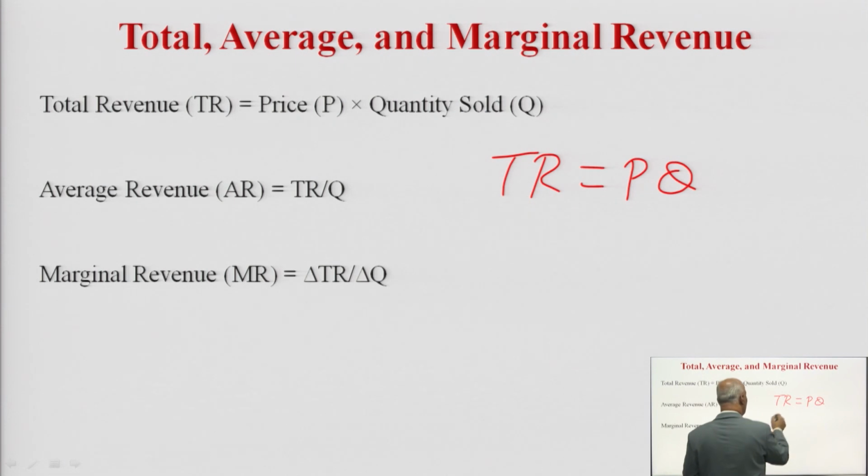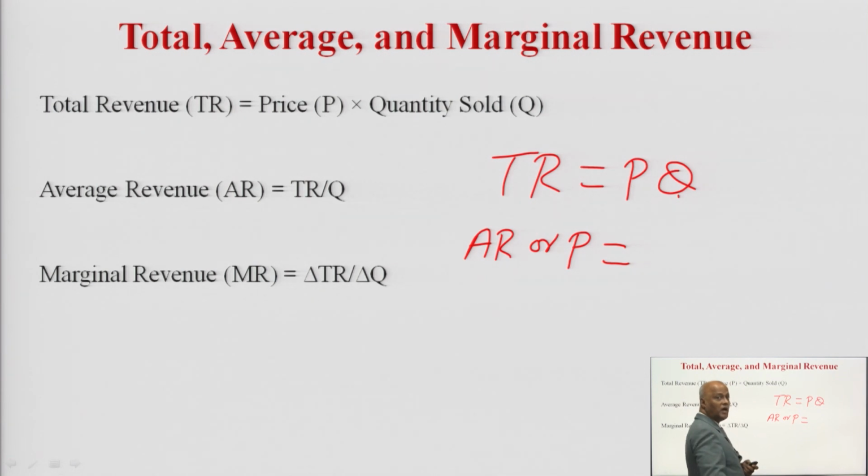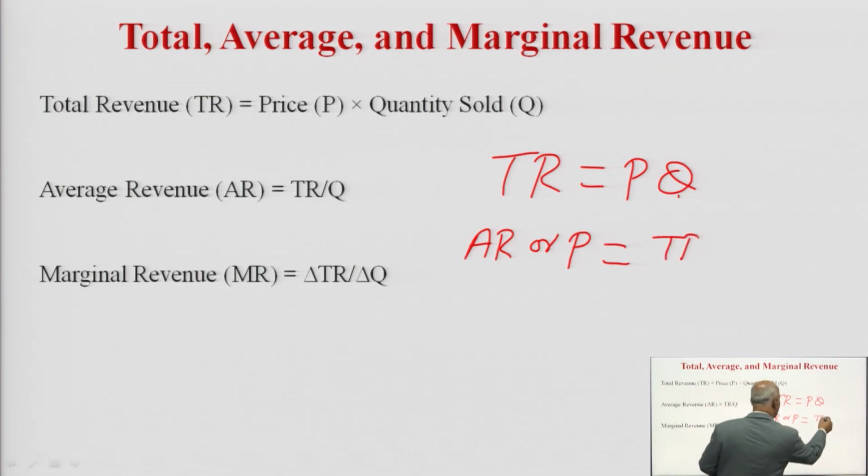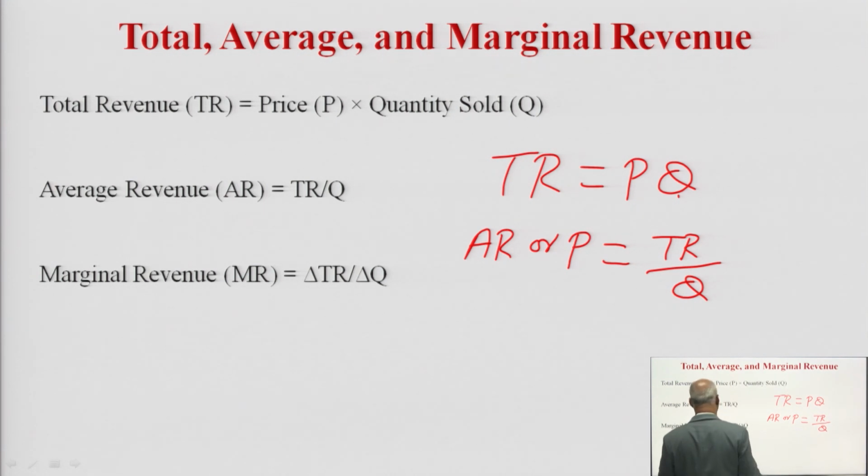Because q is multiplied on this side, if I bring q to the left-hand side, I get TR divided by q, that is the average revenue or the price.